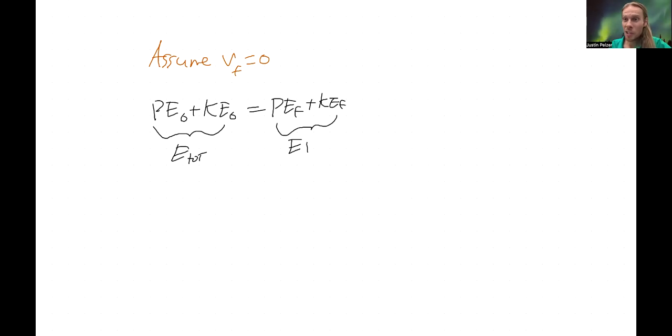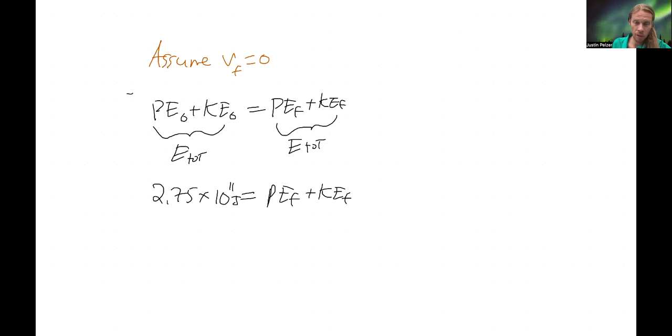This is like 10 equals 10, or in this case, 2.75 times 10 to the 11 equals 2.75 times 10 to the 11. But the forms have changed. What form does this amount of joules take now? This used to be negative 1.25 times 10 to the 11 and positive 4 times 10 to the 11, right? But now what is it?